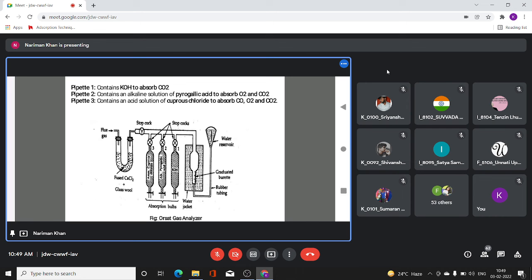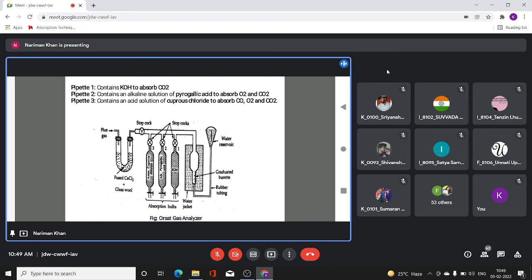that is the potassium hydroxide pipette, which contains potassium hydroxide. For this, what we have to do?